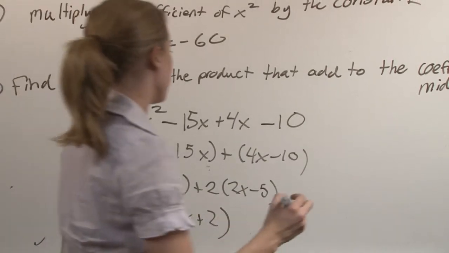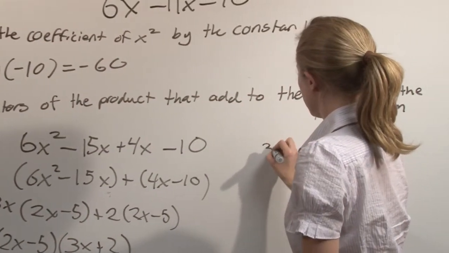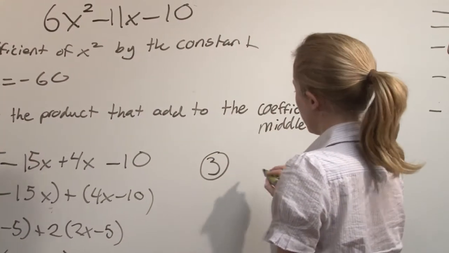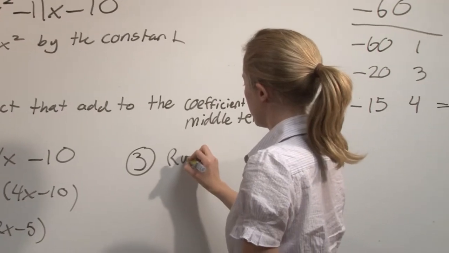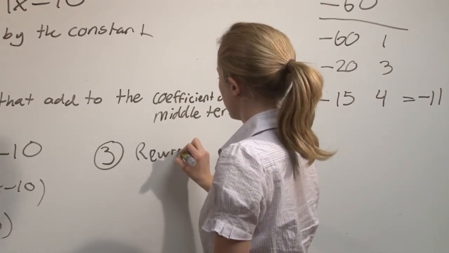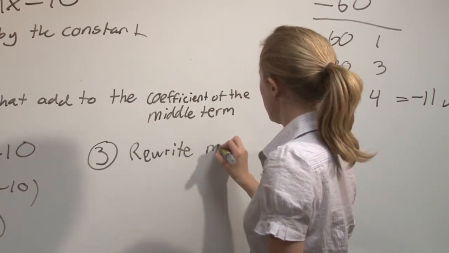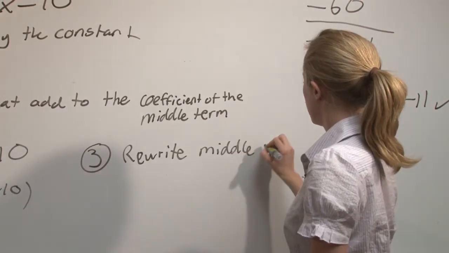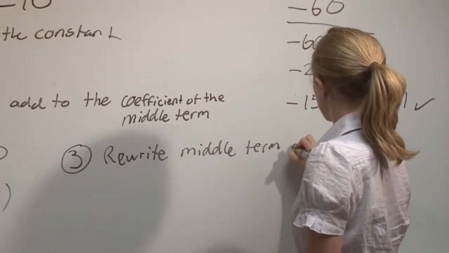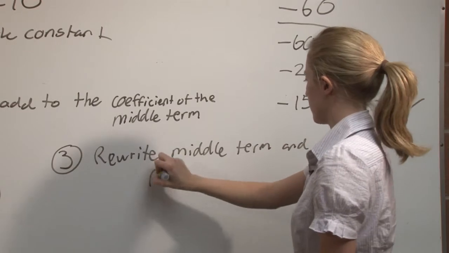So that last step is to rewrite the middle term and factor by grouping.